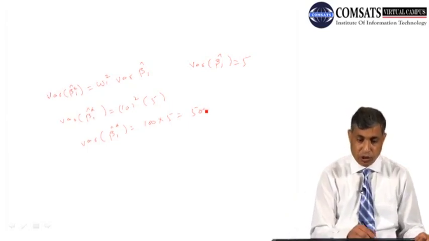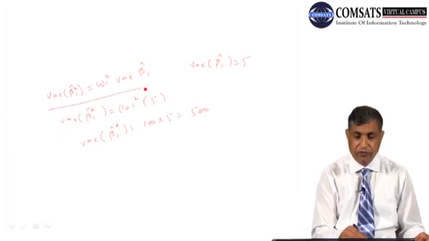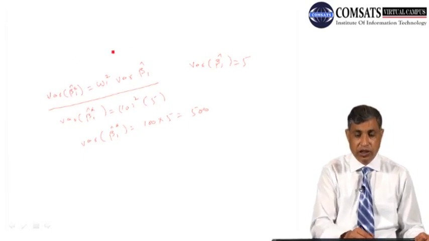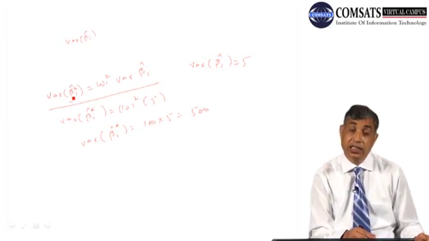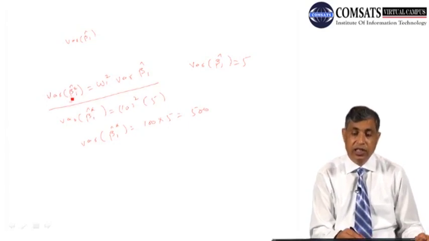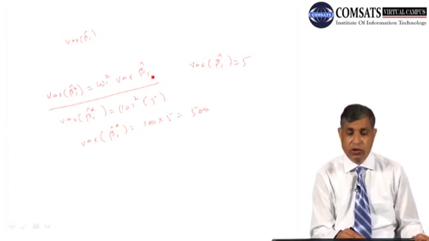So this was the relationship between beta 1 hat, the variance of beta 1 star, and the variance of beta 1 hat. And I am sure you can do it from here if you want to see the variance of beta 1 hat. Here we were interested in the variance of beta 1 star hat. Here we are interested only in the variance of beta 1 hat. So what will this be?